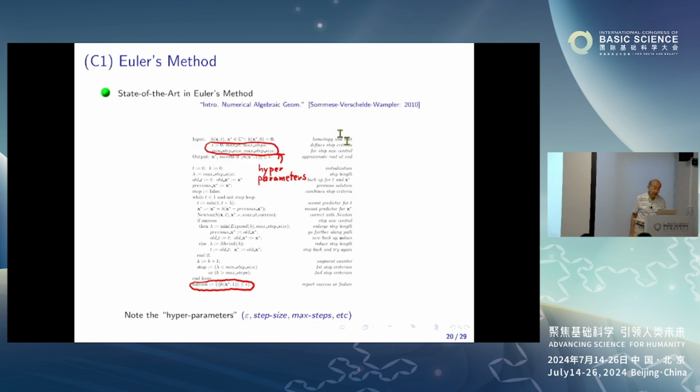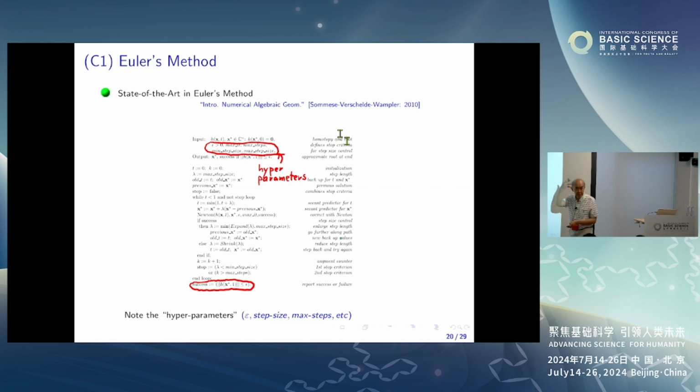Here's the state of the art. This is from the book of Sommese, Verschelde, and Wampler, Introduction to Numerical Algebraic Geometry. They are describing their Euler method. And look at their input. The input has the polynomial h.